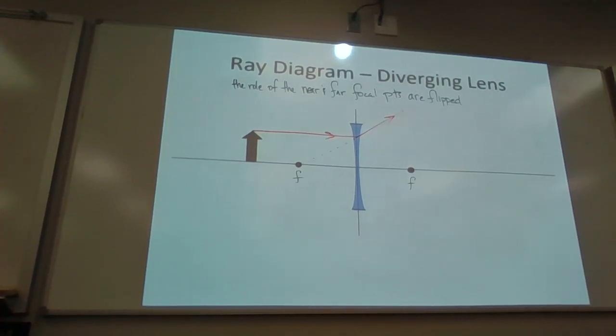Does that make sense? As if it comes out of the near focal point. So you just draw it from the focal point, lead it there, and then continue on through. Give it a little dash, so when you look at it, you see what you did.